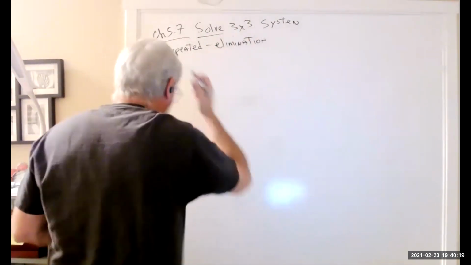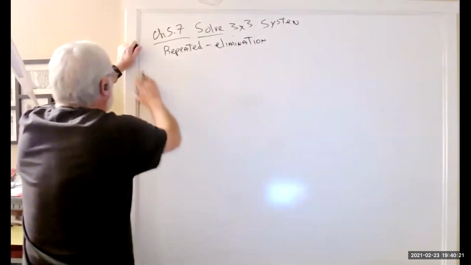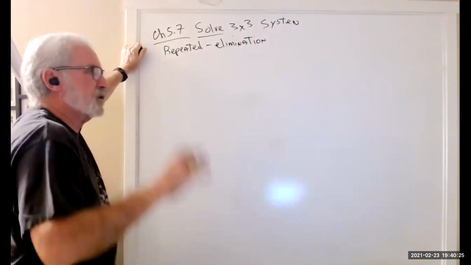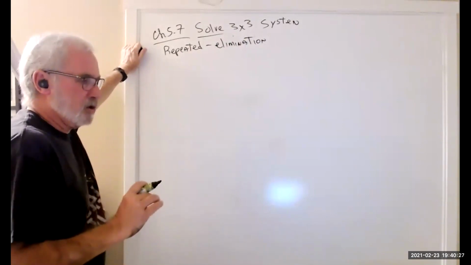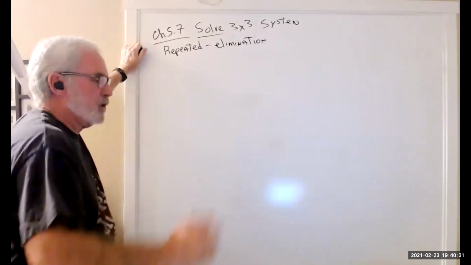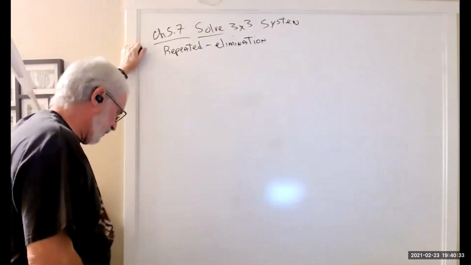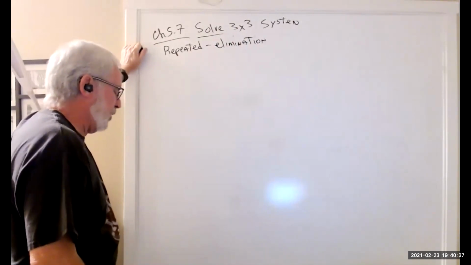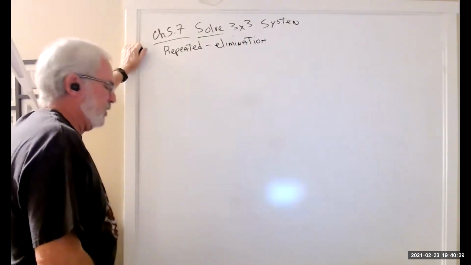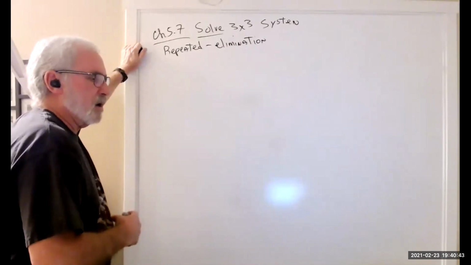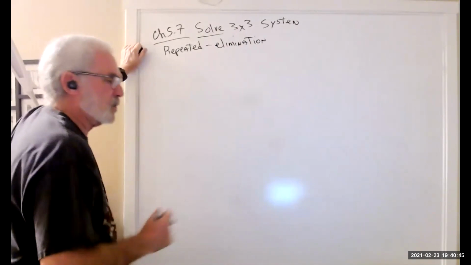So I'm going to break the steps up. These are the same steps that were on that worksheet, that handout. If you've printed it out or are going to print it, then you don't need to write these steps down. It might be a good thing, but that's totally up to you.